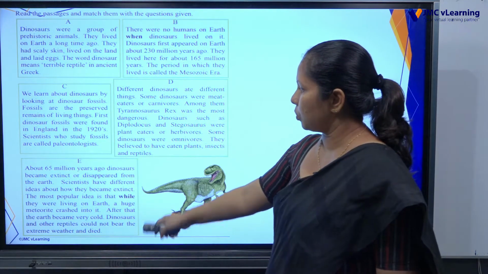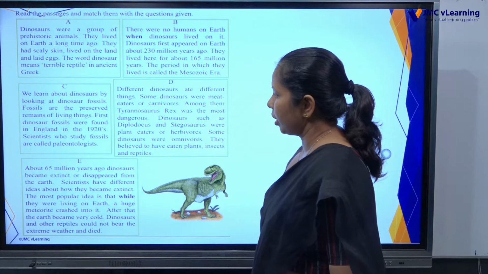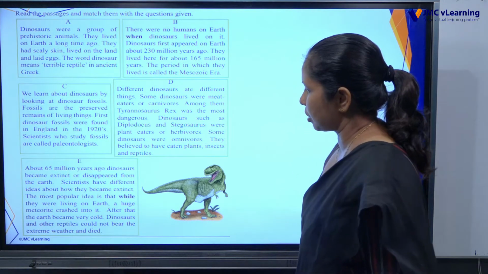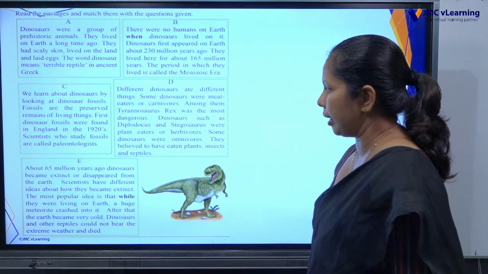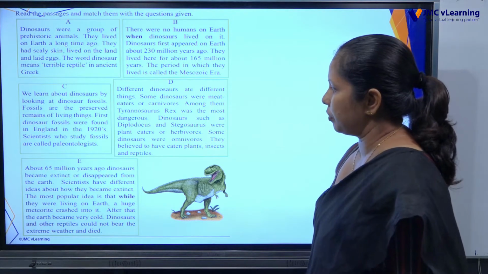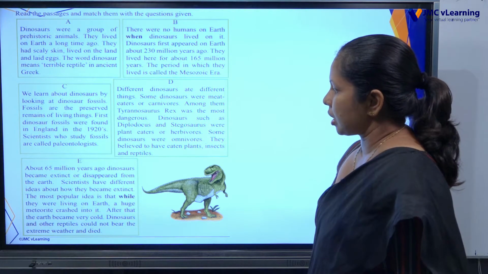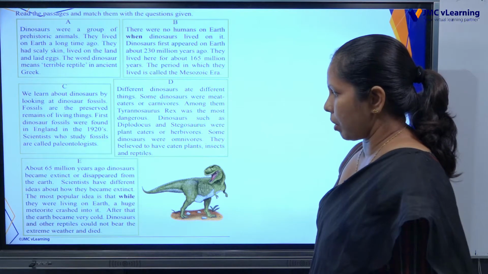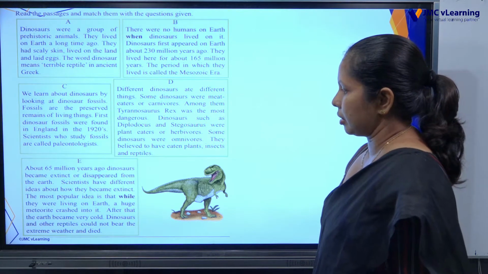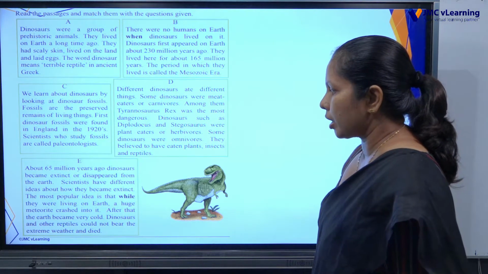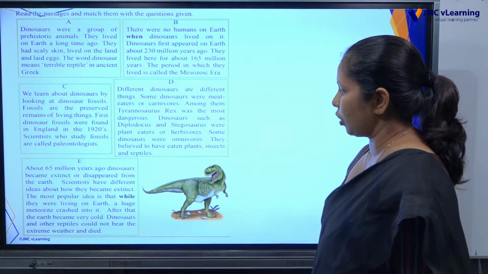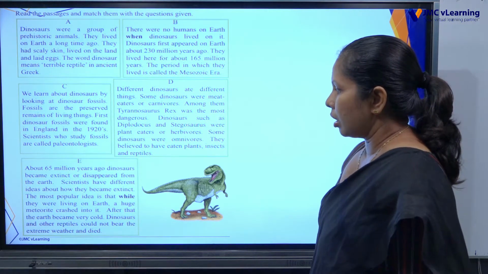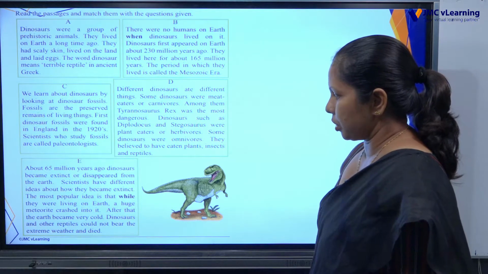We will go to passage E. About 65 million years ago, dinosaurs became extinct or disappeared from the earth. Scientists have different ideas about how they became extinct. The most popular idea is that while they were living on earth, a huge meteorite crashed into it.